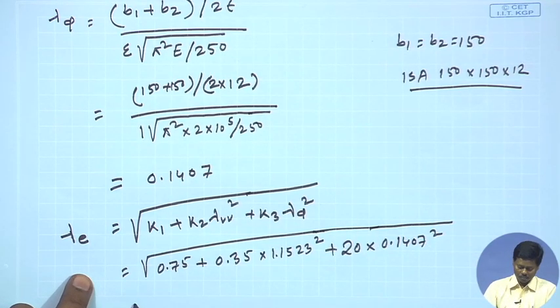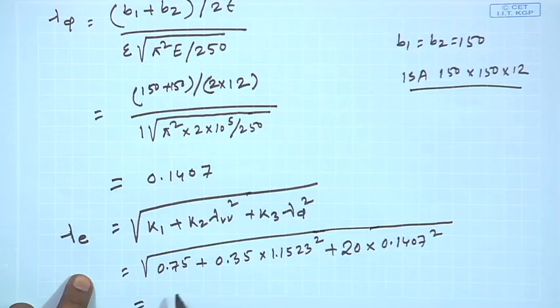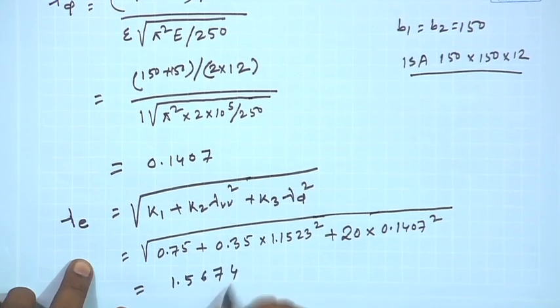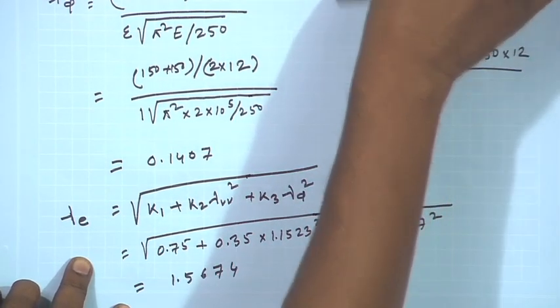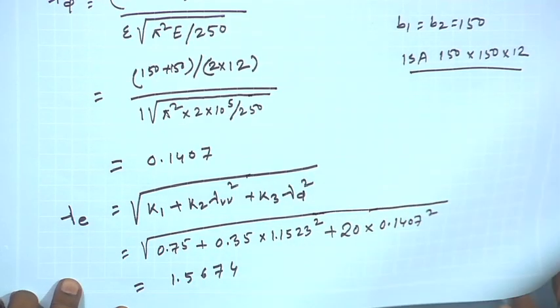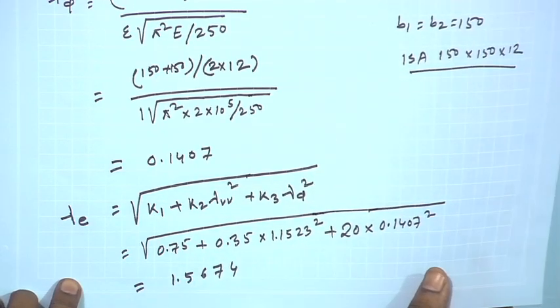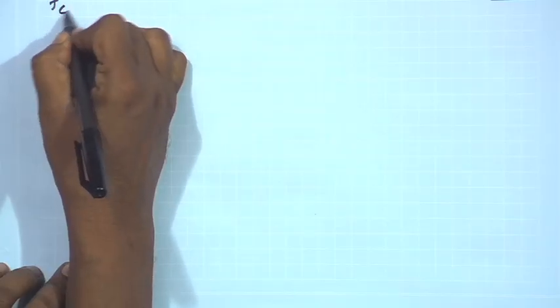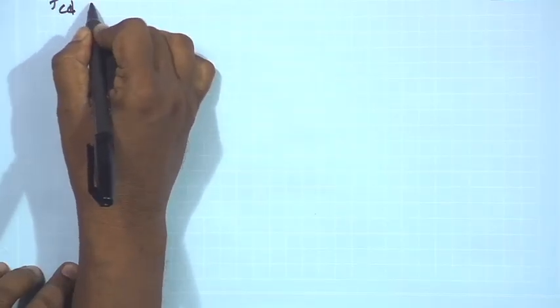So, finally, I can find lambda E, the equivalent slenderness ratio, as 1.5674.